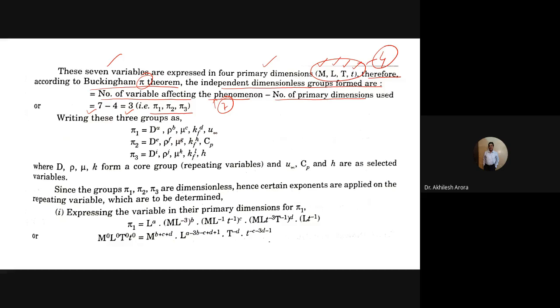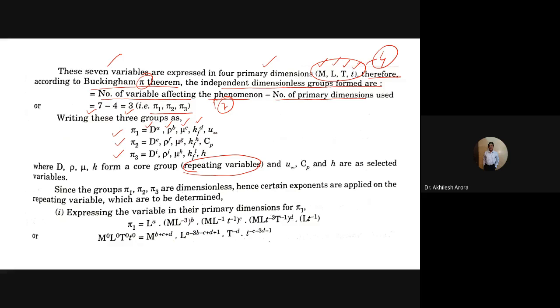So we can make 3 groups, pi 1, pi 2, and pi 3, in which we need certain repeating variables. I think you remember that we should have 2 types of flow property, fluid property, and one physical characteristic of the phenomenon. Here we are considering diameter, density, viscosity and thermal conductivity as the 4 repeating variables.